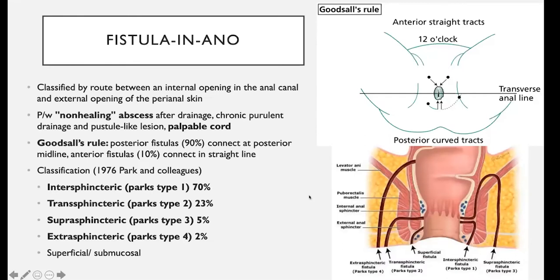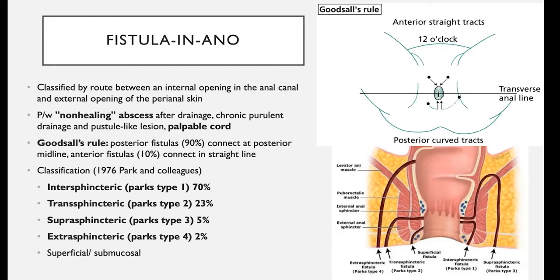All right, moving on to more detail for fistulae. These are basically an internal opening into the rectum or anal canal, and an external opening on the perianal skin.